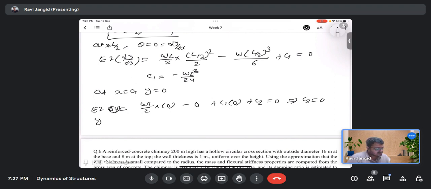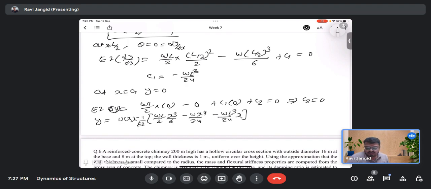So my final equation, y or your u(x), is coming as wL by 2 into x cube by 6 minus wx4 by 24 minus wL cube by 24 x, divided by EI.